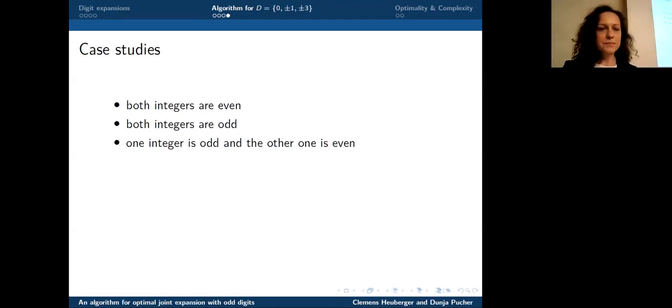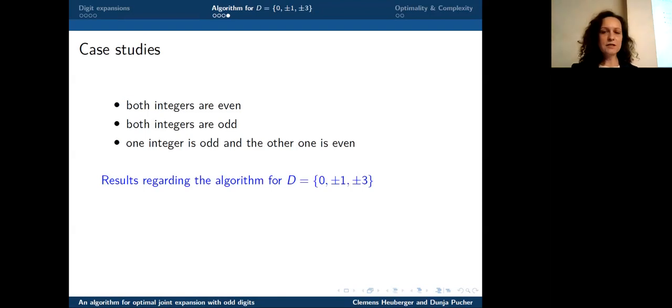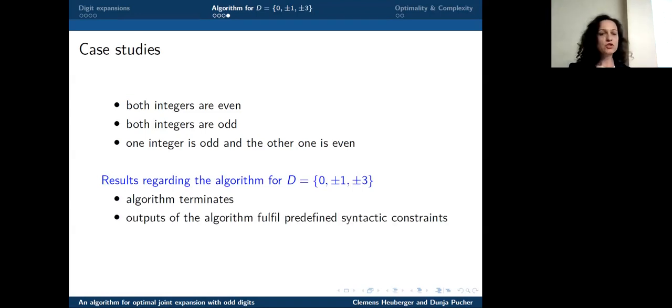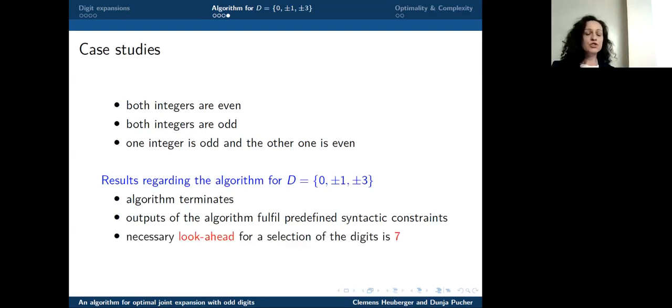So altogether, we give the following results. The algorithm terminates. Then we also show that the outputs of the algorithm do fulfill predefined syntactic constraints. And we show that the necessary look-ahead for a selection of the digits is 7. And what does this mean?